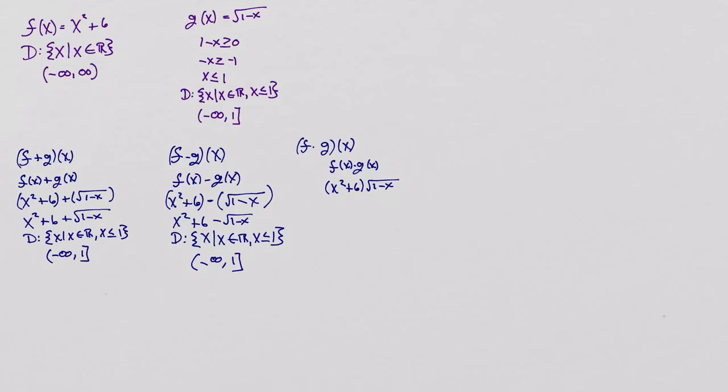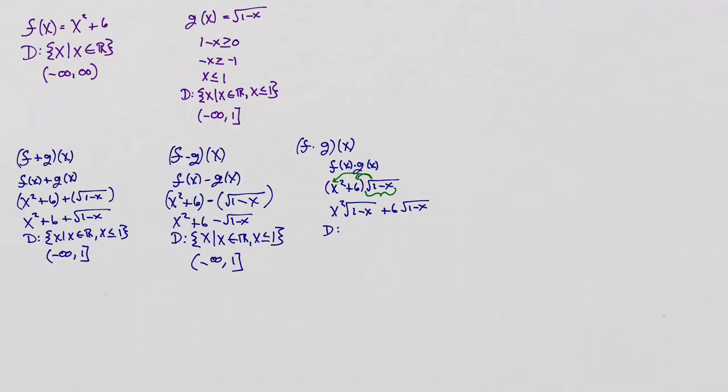This whole thing right here is a term, so you can distribute it in. So we end up getting x squared times the square root of 1 minus x plus 6 times the square root of 1 minus x. And your domain is exactly the same as when you add and subtract.